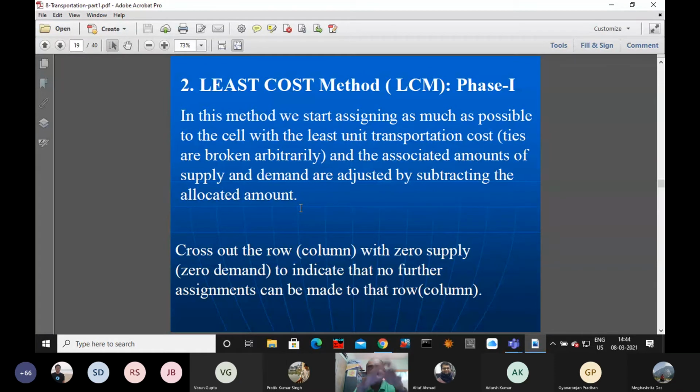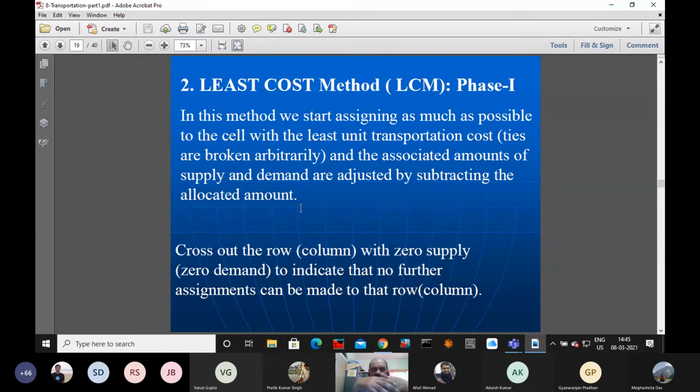So if you compare the northwest corner rule and the least cost method, LCM, both are slightly different. Earlier, we located the northwest corner and allocated there.